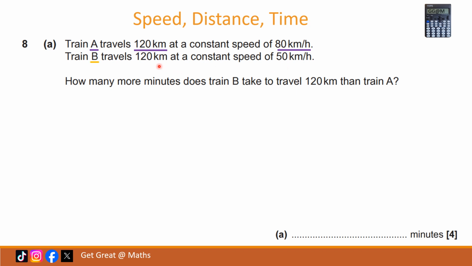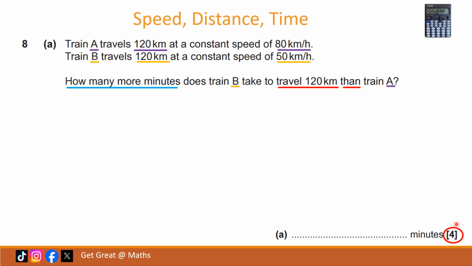Next we've got train B, also travels 120 kilometres, and this time it's going slightly slower at 50 kilometres per hour. Now the question wants us to find how many more minutes does B take to travel 120 kilometres, so that's the same distance, comparing it to the first train, which was train A, and this is worth 4 marks.